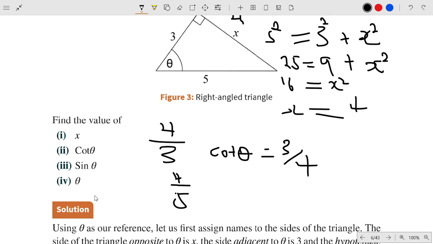Then we have to find theta. Now the thing is, let's say sine theta. Taking sine theta is equal to opposite on the hypotenuse, which is 4 on 5.